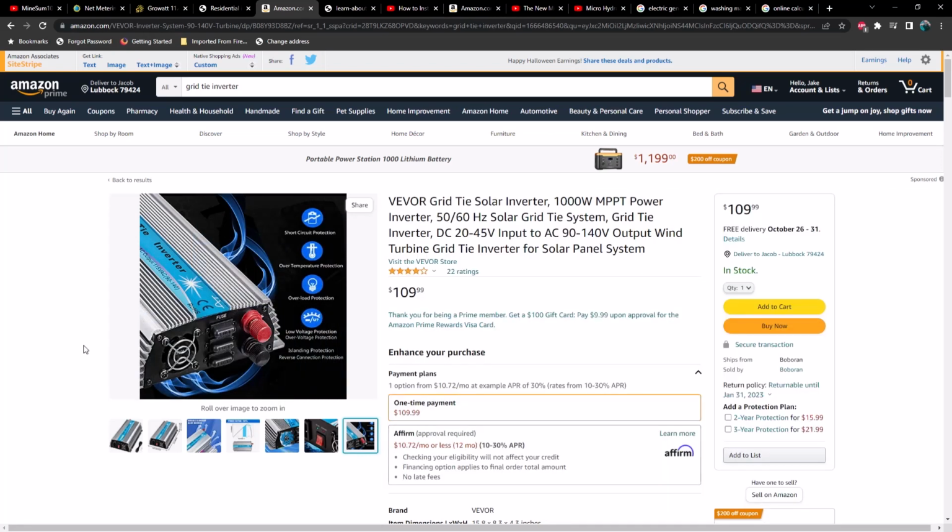That's a safety precaution. If a line worker is working on the power lines and expecting the power to be shut off, but your solar system is putting electricity back into the grid, that could be extremely dangerous.